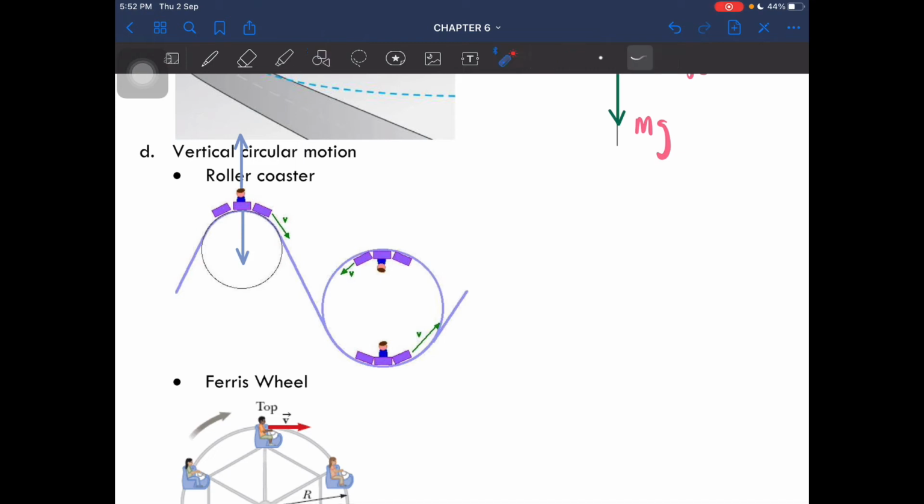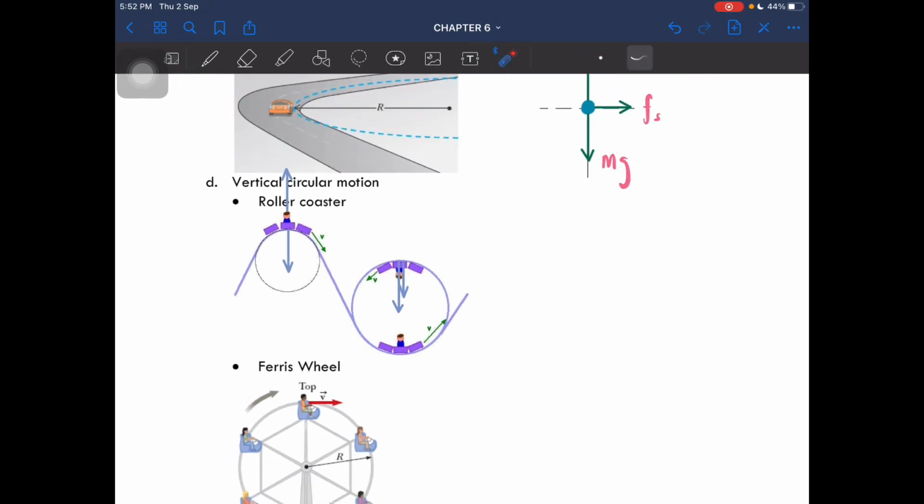And then for this one, where it is upside down, the weight is still pointing down. Don't get confused, the weight is still pointing down. And the normal force is also pointing down, because the roller coaster is still in contact with the person. Then this one is the same as the other. So there are two situations for the roller coaster: one where it is upright like this, and one where it is upside down like this.